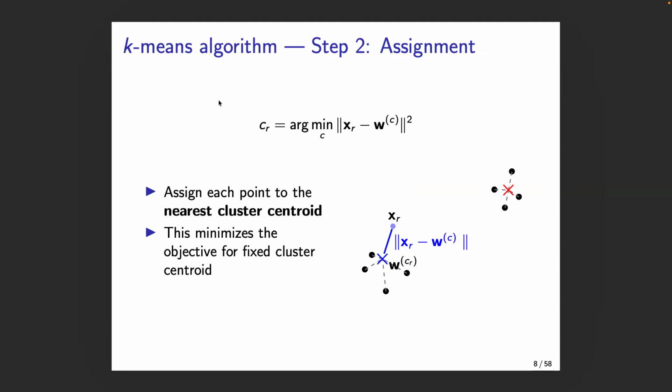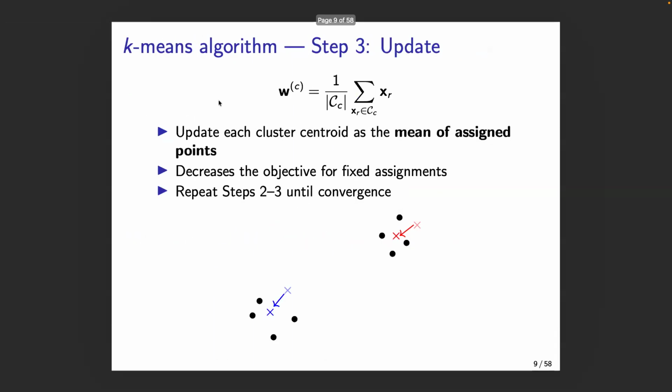After the initialization, we have the assignments. Each point is assigned to the nearest cluster centroid, measuring the Euclidean distance, and this should minimize the objective for fixed cluster centroids, as you can see in the image. Third, we have the update. Each cluster centroid is updated as the mean of the assigned points for each cluster.